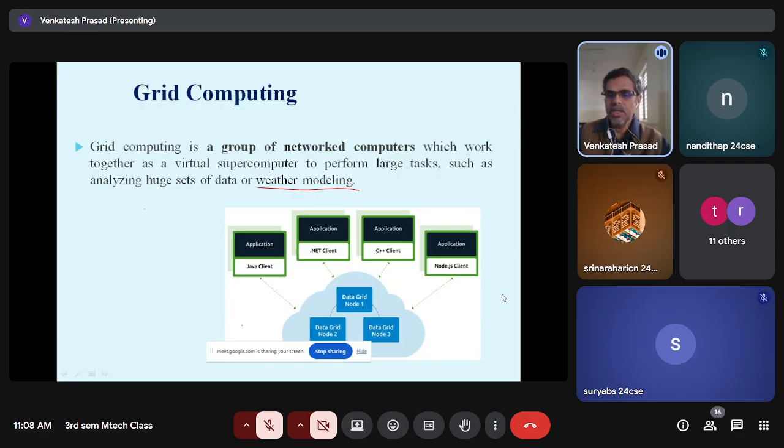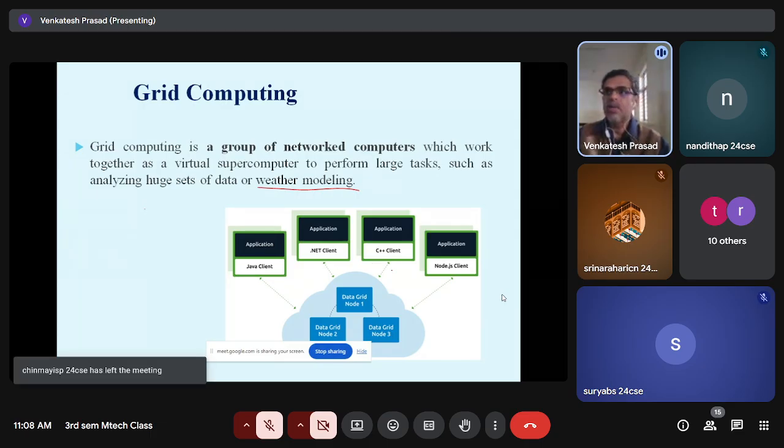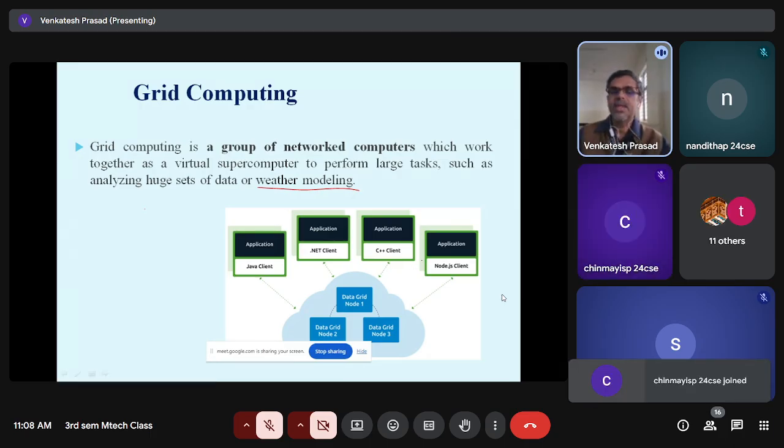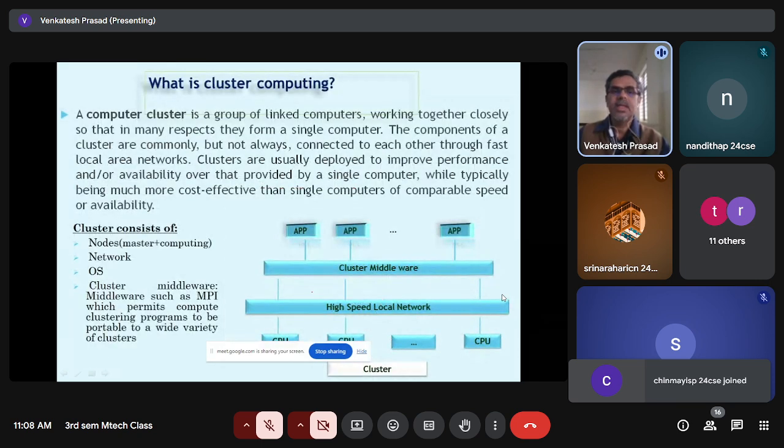If they're working together, they need to share the resources. Otherwise, they'll be working in separate domains where accessing data will be a big problem due to security considerations. So they can set up a grid of computers, share the data and work on the project.